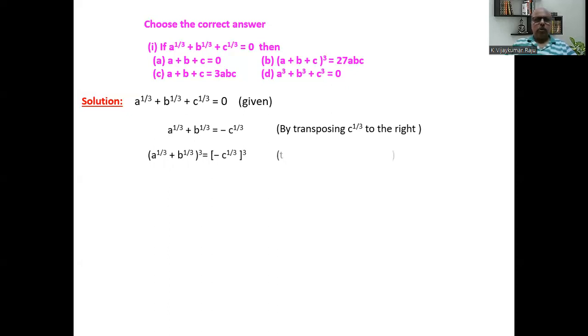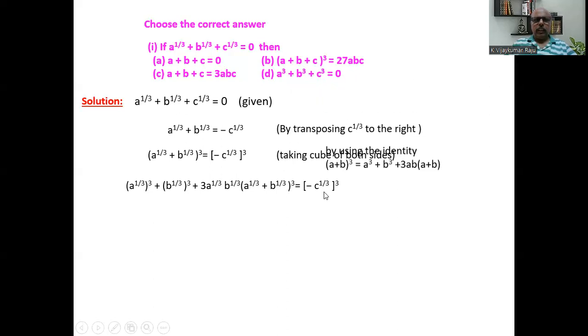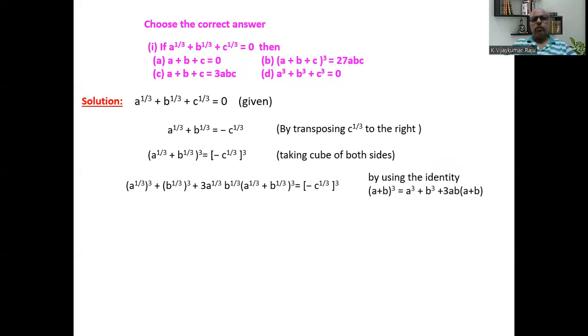So when you take the cube of both sides, it will be like this: (a raised to 1/3) raised to 3 plus (b raised to 1/3) raised to 3 plus 3 a raised to 1/3 b raised to 1/3 times (a raised to 1/3 plus b raised to 1/3) is equal to minus (c raised to 1/3) raised to 3. Okay, here this 3 should not be there, a mistake, please correct it. So the identity which I am using is (a plus b) whole cube is a raised to 3 plus b raised to 3 plus 3ab into (a plus b).